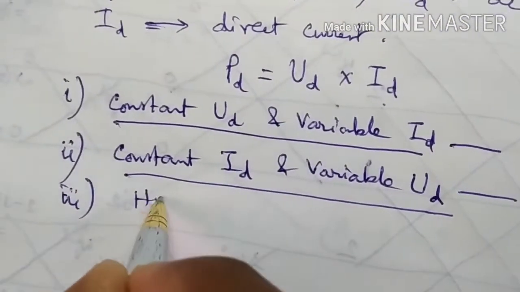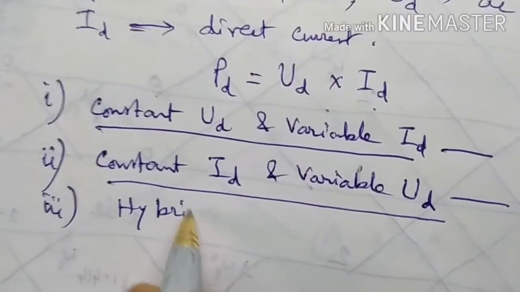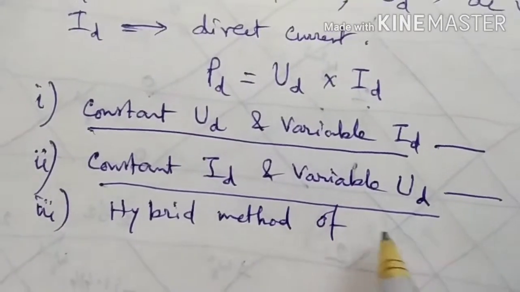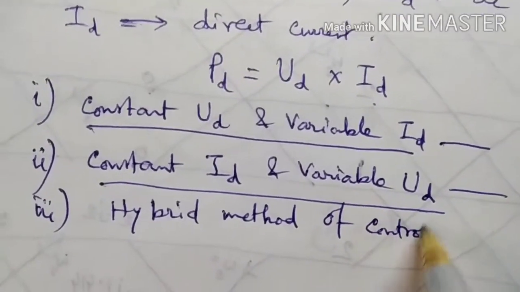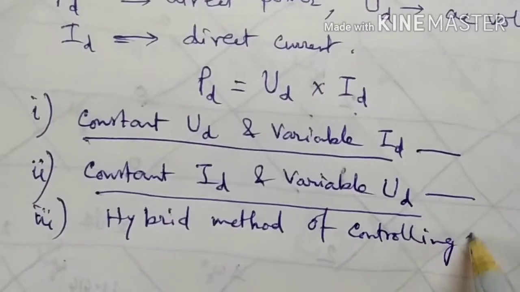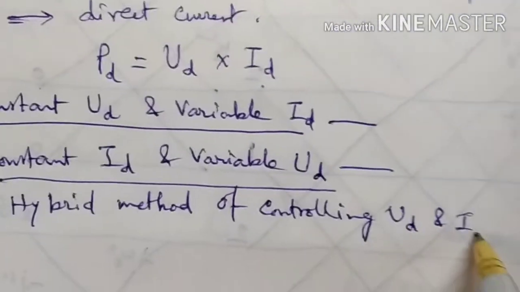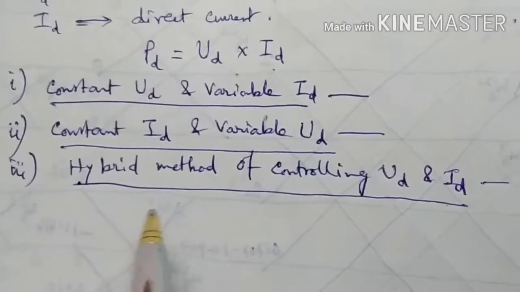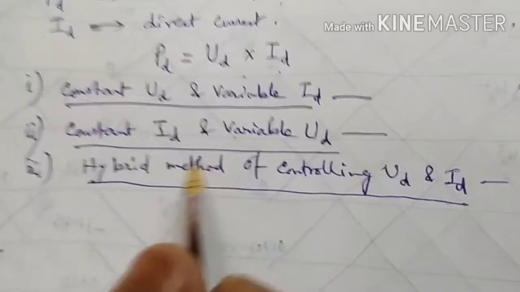And third condition, that will be a hybrid method of controlling UD and ID appropriately. So there will be three alternatives for power control.